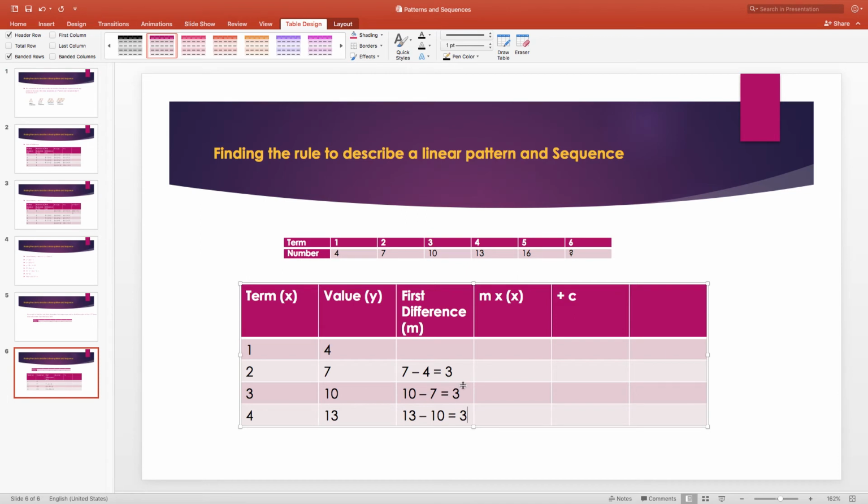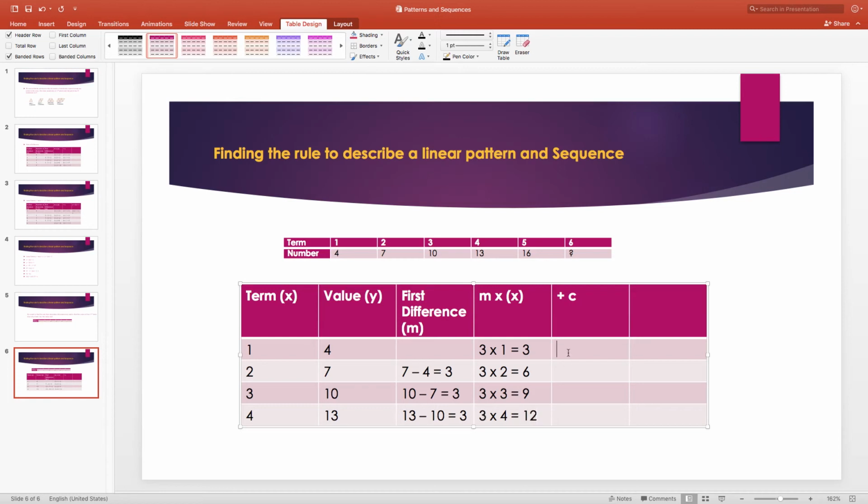That's my multiplier. So now I'm going to go 3 times 1 equals 3. 3 times 2 equals 6. 3 times 3 equals 9. And 3 times 4 equals 12.